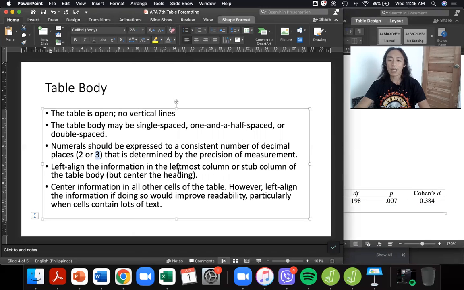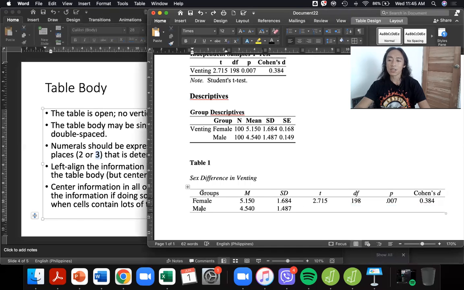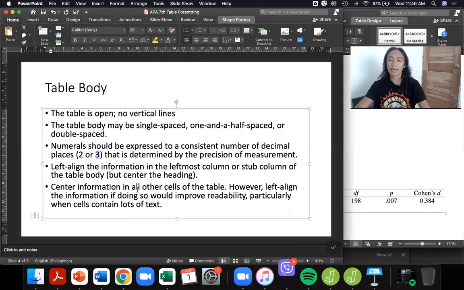Left align information in the leftmost column or the stub column of the body, but center the heading. So this is your stub column. The content of the column must be left aligned. They're not centered, as you can see, but the heading has to be centered. And for the rest, center information in all other cells in the table.